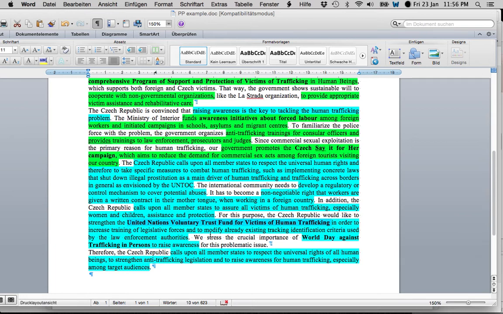You don't want to establish something new, but you understand how the topic is being implemented within the UN system, and you suggest something for a very specific purpose. It's not about creating something new that you just think is important. The author also shows that he or she understood where the UN is currently at, what the challenges are, and therefore proposes, in this case, increased training of legislative forces and modifying already existing trafficking identification criteria.